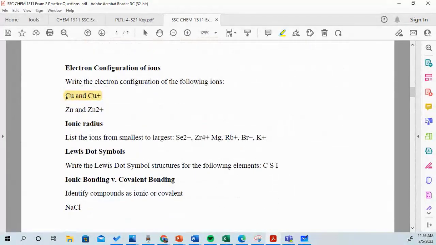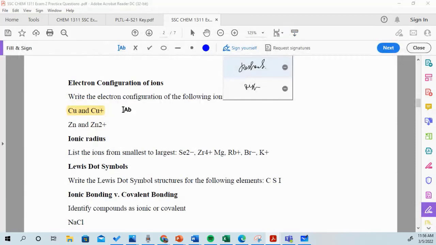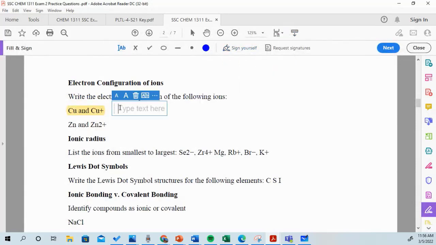So can you guys write for me the electron configuration of Cu and Cu+? We know that Cu+ would be smaller. That was one of our examples. So Cu, perfect. We have it already in the chat: 1s2, 2s2, 2p6, 3s2, 3p6, 4s1, and 3d10.